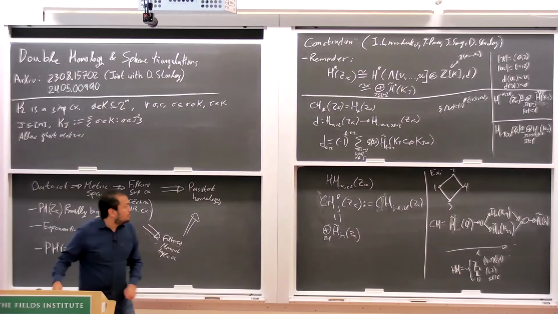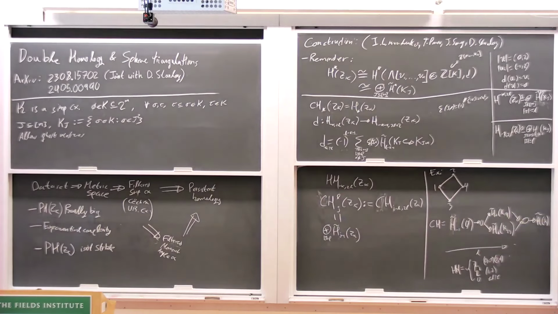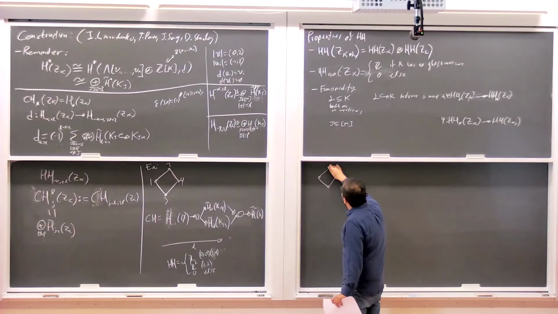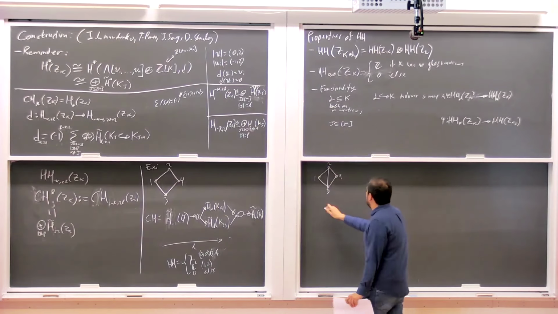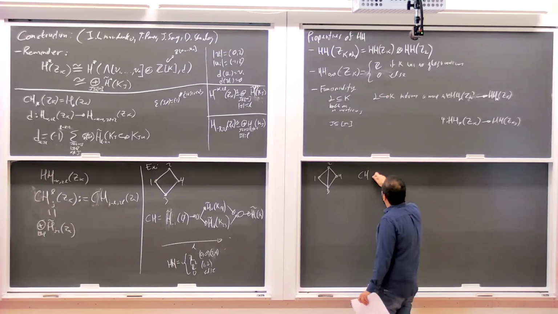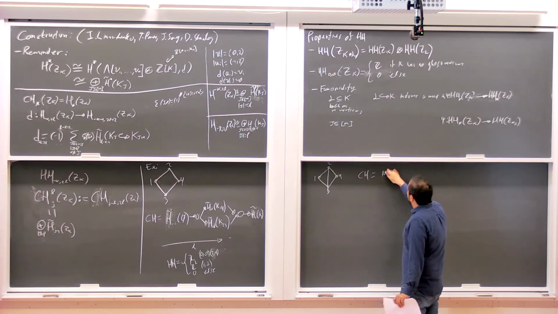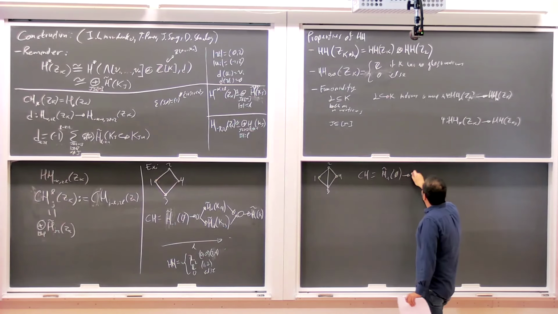Let's do one more example before the next property. Instead of just this, let's look at, again, the fourth cycle, but now there's a chord between two vertices. Now the CH will look like H minus 1 of the empty set goes into 0.